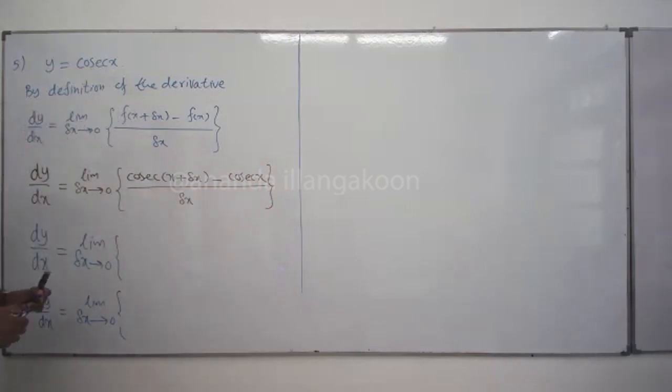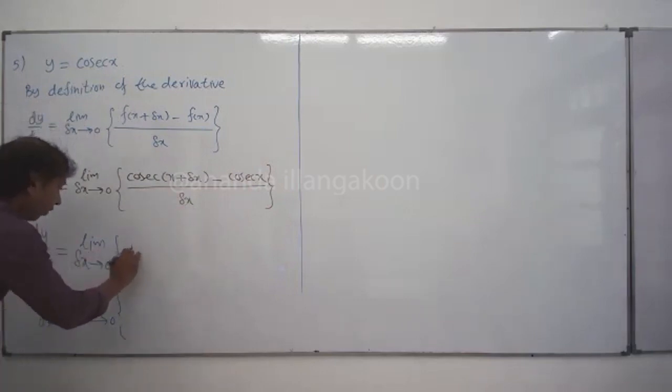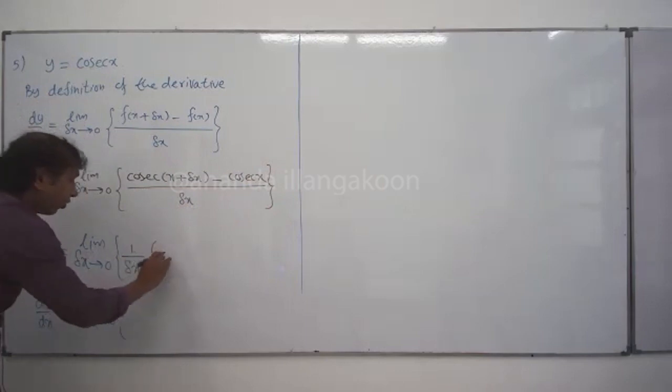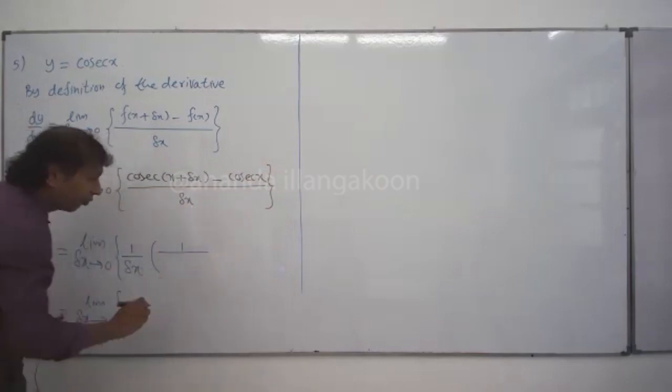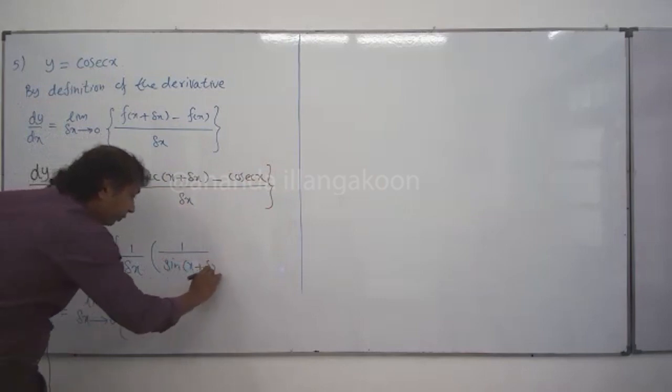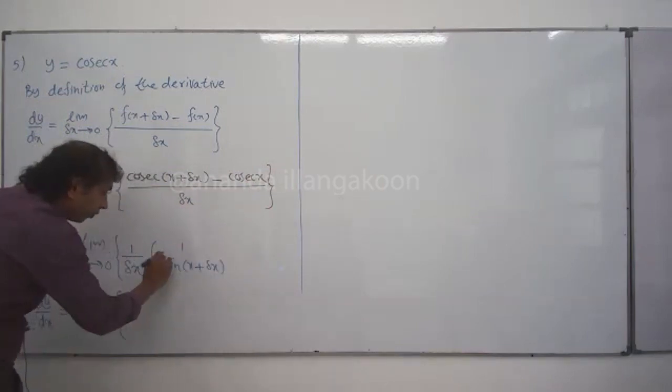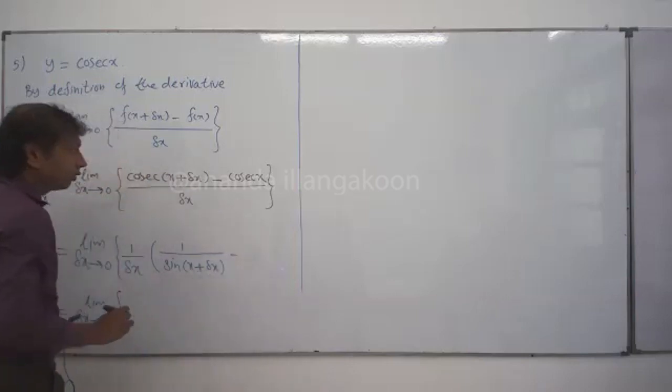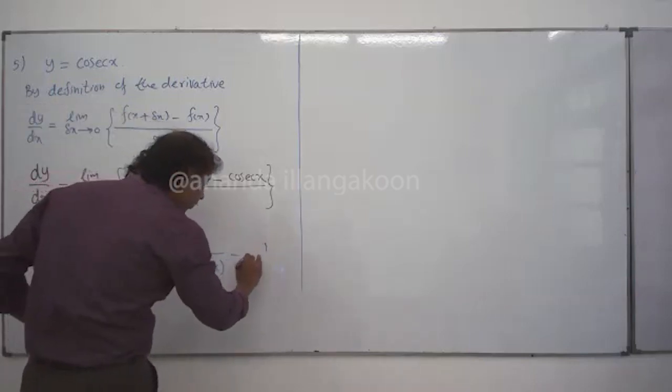Cosec(x plus delta x), people, this delta x, I write as 1 over delta x, open the bracket. This cosec part we can write as, cosec means 1 upon sine(x plus delta x), minus cosec x is 1 over sine x.